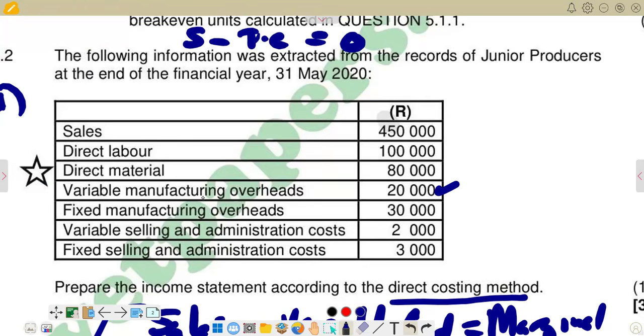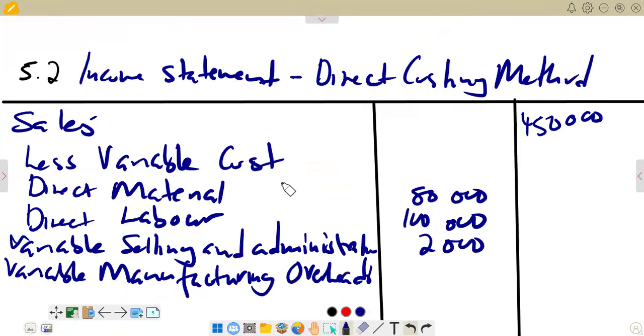Then obviously now we get the total variable cost. We get 80,000 plus 100,000 plus 2,000 plus 20,000, and we're going to get 202,000.